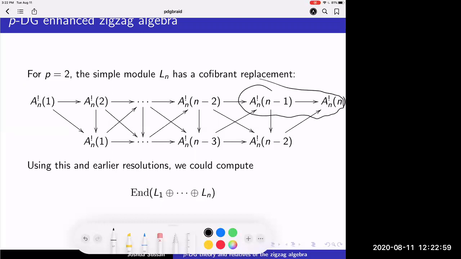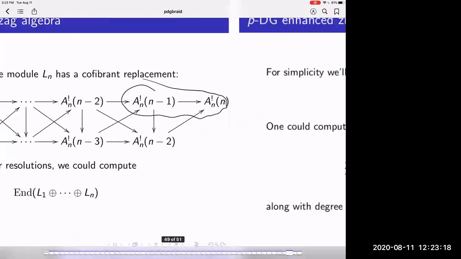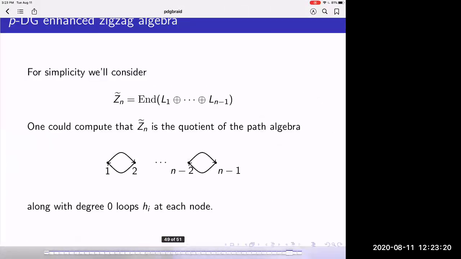Okay, so using this and the relations, one could compute an endomorphism algebra of L1 plus all the way up to Ln. This is a Pdg algebra, and in some sense one could think of this as a Pdg Koszul dual of Pdg AN streak.